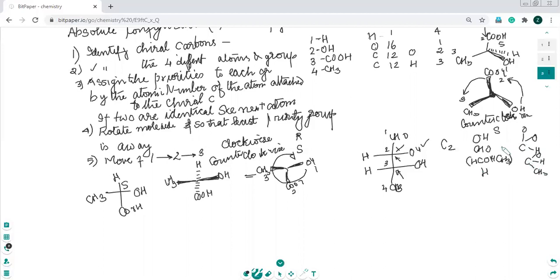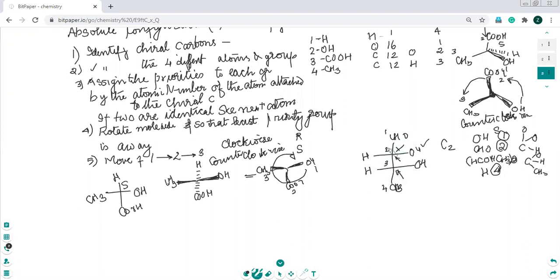So that means this gets the higher priority over this group. So this is 1, this is 2, this is 3, and H is 4. Now see at this carbon, this is the major problem. In this Fischer projection, the hydrogen is towards you. So you have to bring the hydrogen back to the backside.